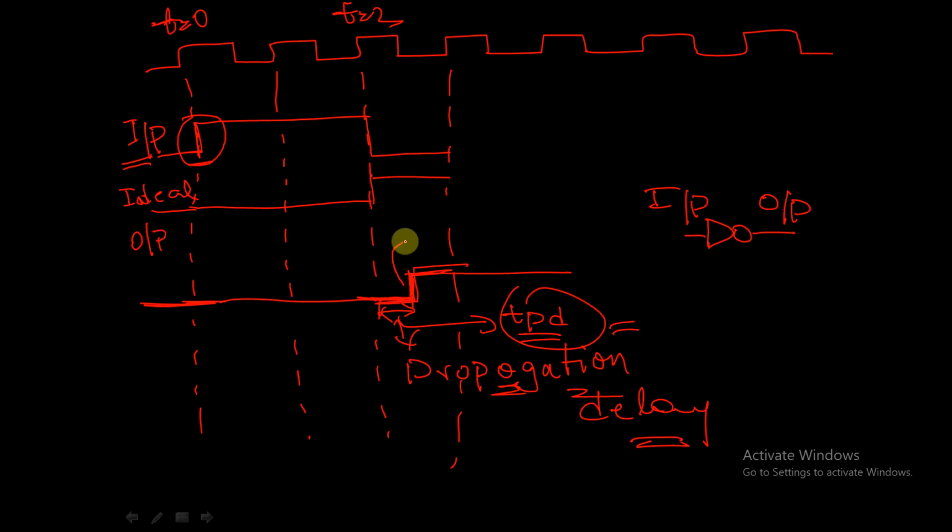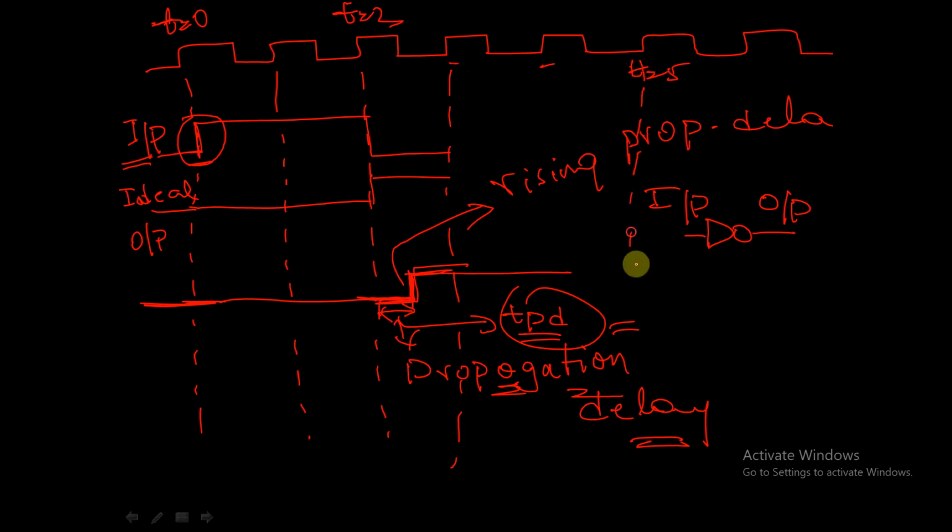That is, the output changing from 0 to 1 is called rising propagation delay. Let's say at t equal to 5 time units, our input is again changing to 1.